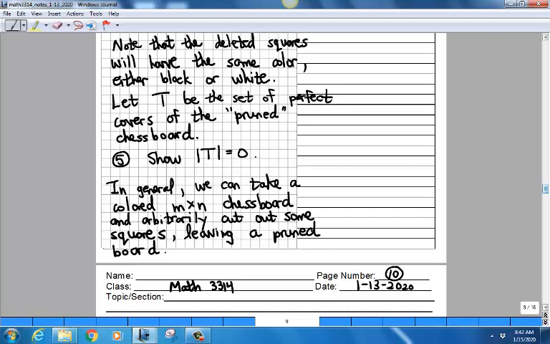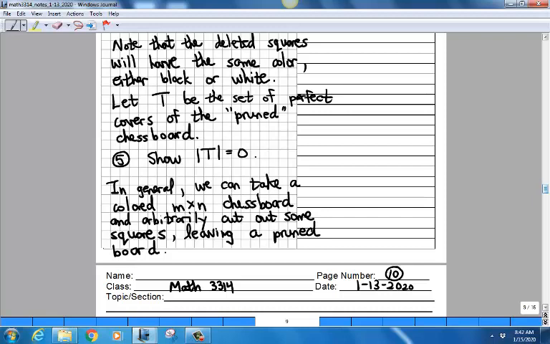That's what we're trying to prove to ourselves, that the cardinality of this set is in fact 0. When we try to count this set, it doesn't have anything in it at all to count. Now I claim the fact that we've got the squares colored, although that's not really pertinent to the tiling, matters here.